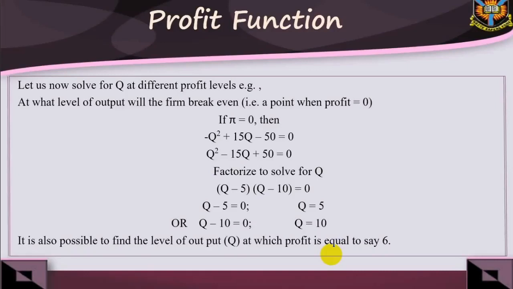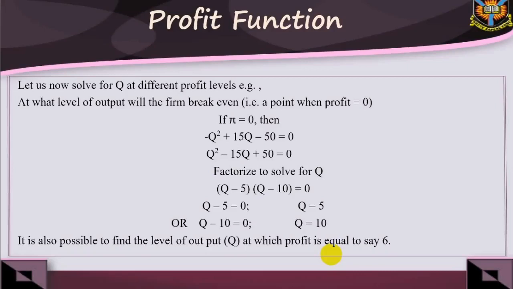Q squared minus 15Q plus 50 equals 0. Factorize to solve for Q. Q minus 5 in bracket, Q minus 10 in bracket equals 0. Q minus 5 equals 0, and therefore Q equals 5, or Q minus 10 equals 0, and then Q equals 10.